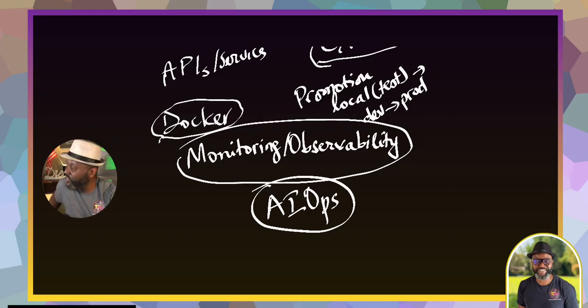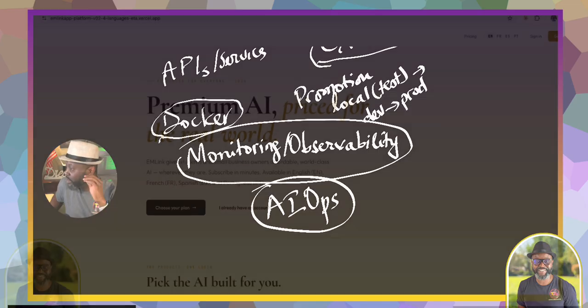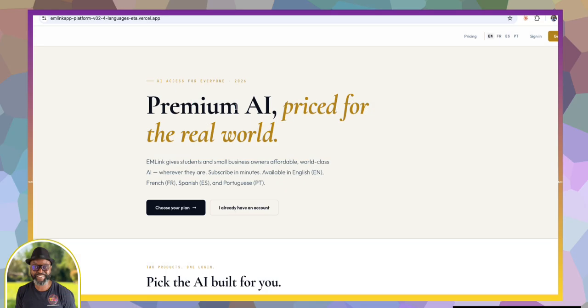First of all, let me share something here quick. This is something that I built, and I'll be sharing with you guys once it goes into production. I built this this week.